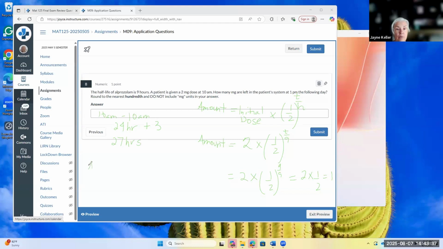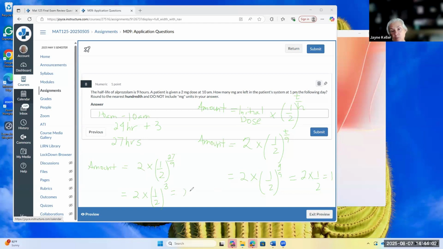So now the amount is equal to 2 times 1/2 to the 27 over 9. So that's going to be 2 times 1/2 cubed.